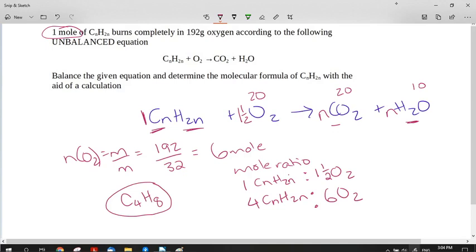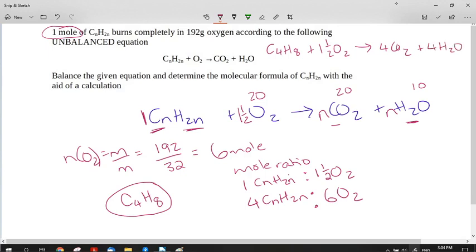Which, as you may realize, is butane or butene, we would have to check it out. I can't remember, but go back and check here. If I have C4H8, and then I have 1.5 moles of oxygen, will I end up with 4 moles of carbon dioxide and 4 moles of water?